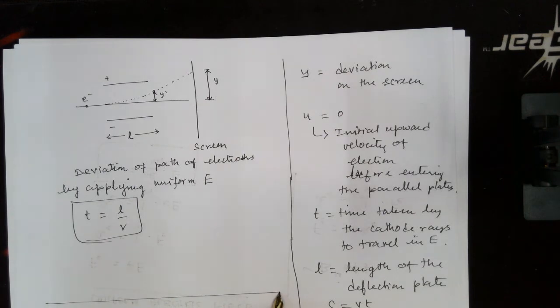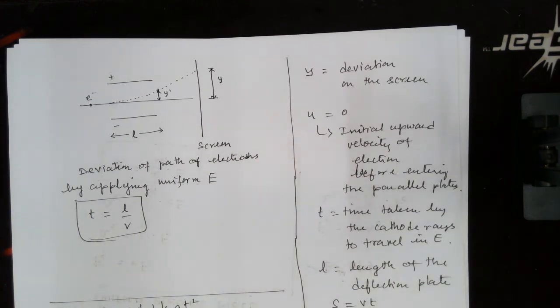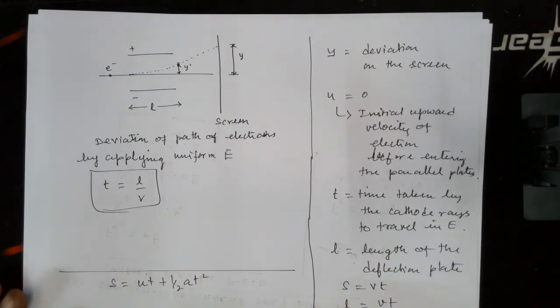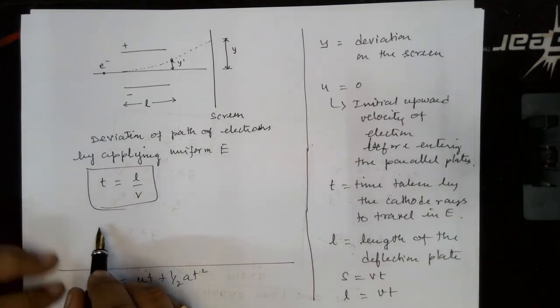We have an equation S is equal to ut plus half at squared. So we are talking about this upward displacement, so that can be interpreted as y here, is it not?